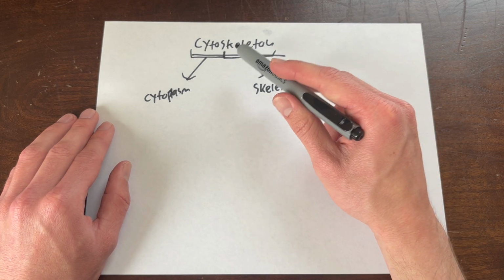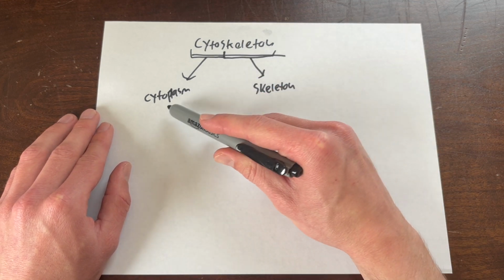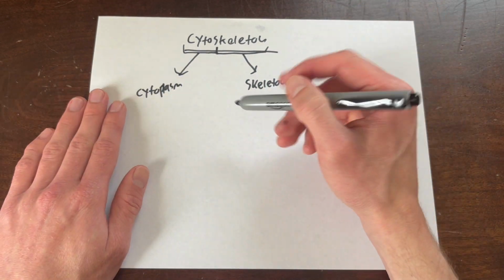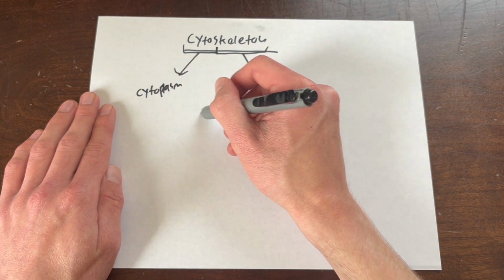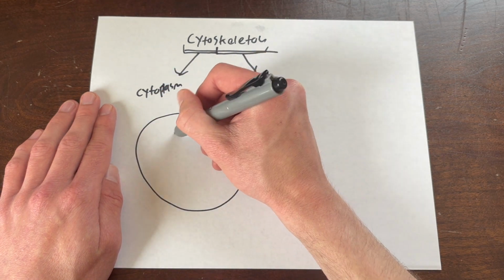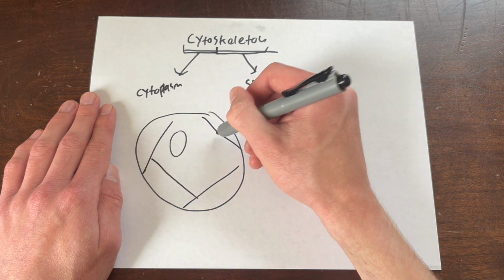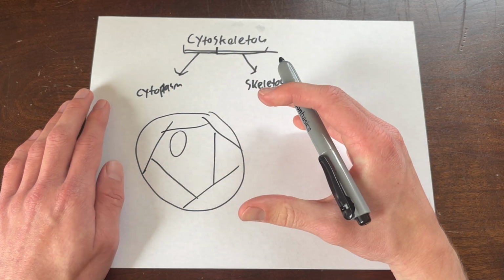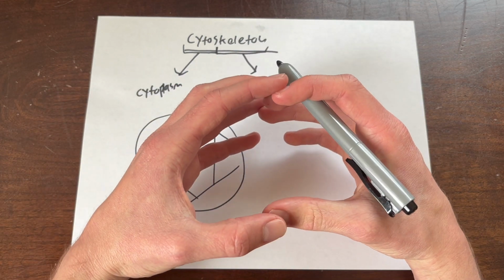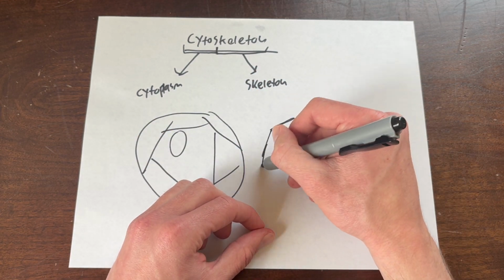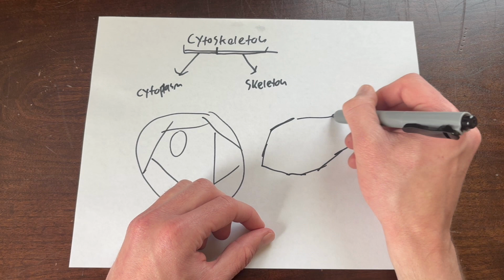So cytoskeleton really just sounds like a cytoplasm skeleton. What could that be? Well, it's what gives your cell structure and strength. So a cell isn't just a bag of nothing. It's actually very rigid.